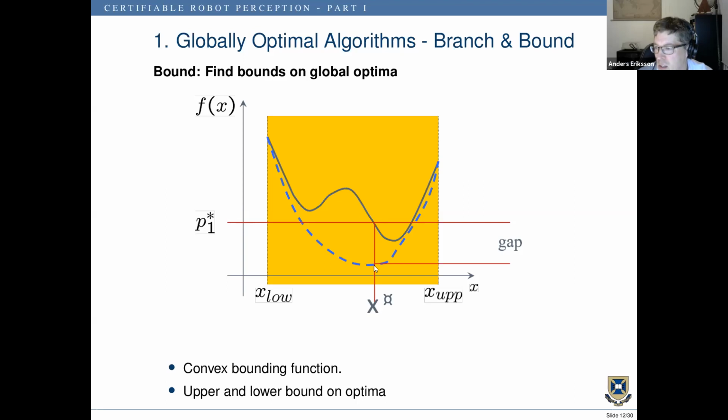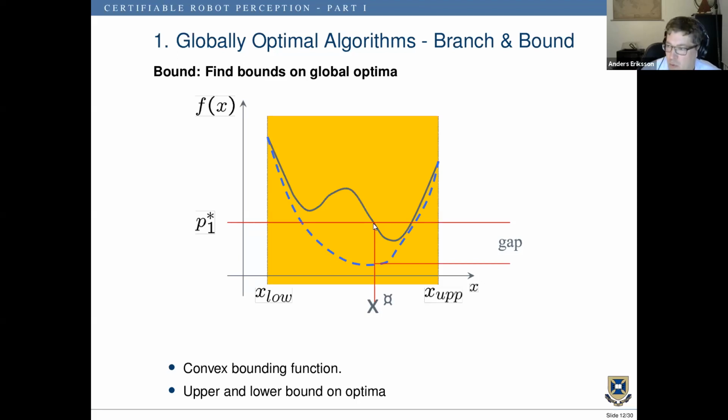Again, we know since this is a lower bounding function, this will give us a lower bound on the global optima. We can also evaluate the original objective function at the same point. That gives us that function value. So by doing this, we've now found an upper bound and a lower bound on the global optima.